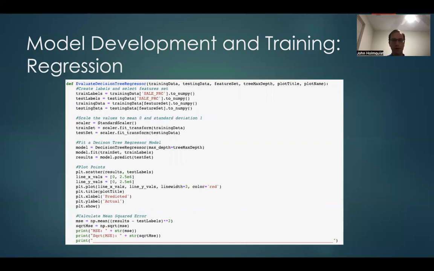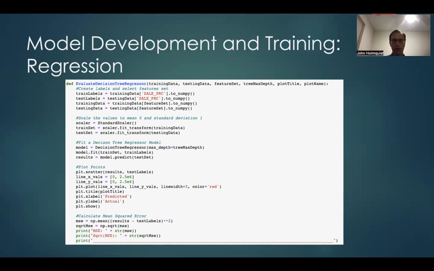I did something pretty similar with my regression models. So up until fitting the model, it's pretty much the same. But when I fit the model, it's going to be a regression model. So this one is a decision tree regressor. And then I'm going to visualize it in a different way.